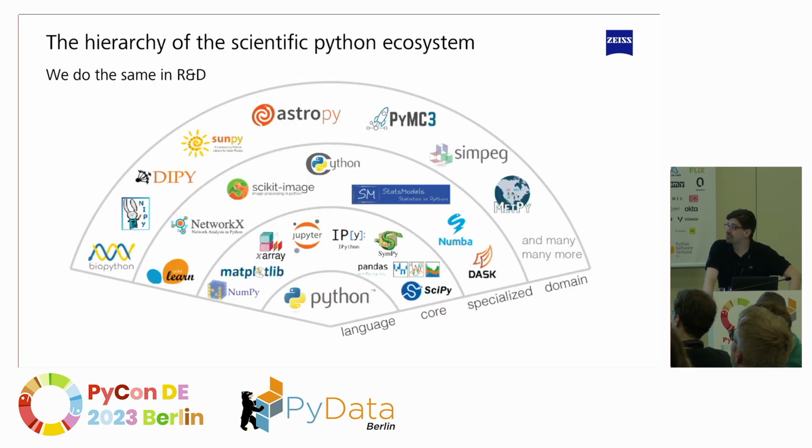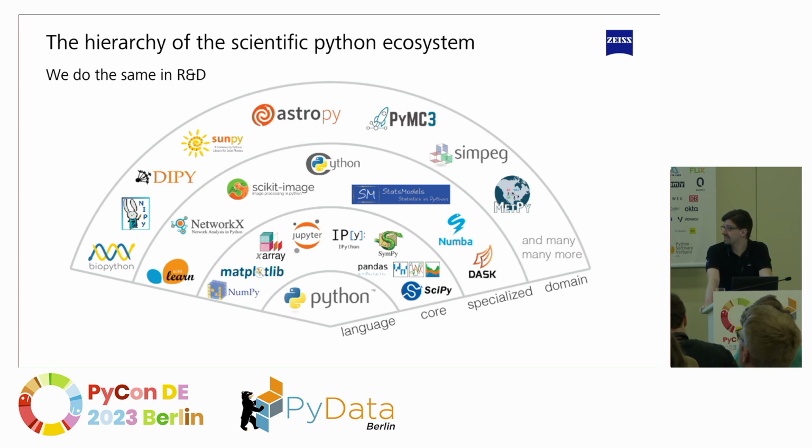So speaking of libraries, maybe you have seen this image. The scientific Python ecosystem is sort of organized in layers. At the foundational level, you have Python and the standard library. Then you have something like core libraries for data structures and visualization.